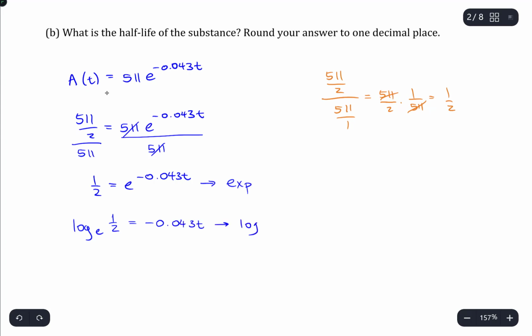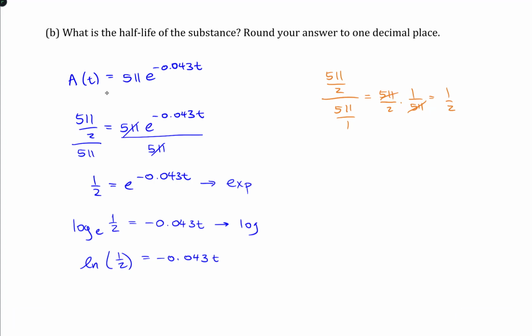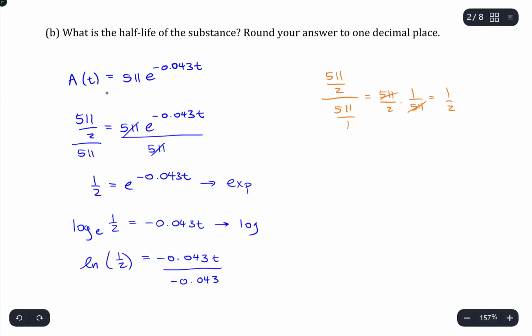So now we're in log form. And of course, a log base e is the same thing as a natural logarithm, so you can change that over to a natural logarithm, and that way you can use the calculator to solve. Because the only thing we would need to do at this point is just divide both sides by negative 0.043 to get the variable t by itself.